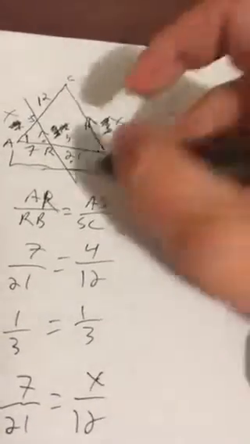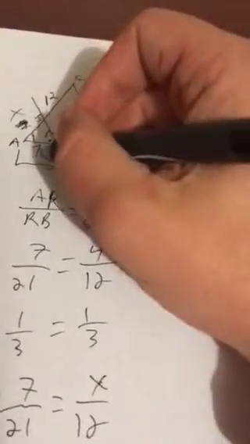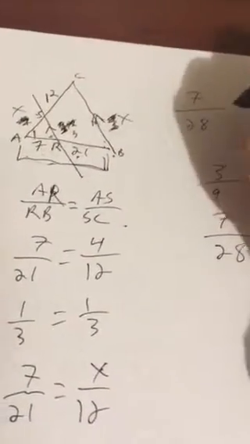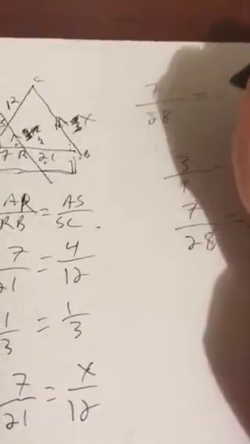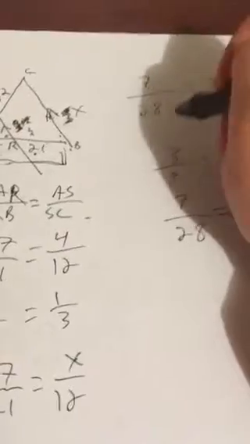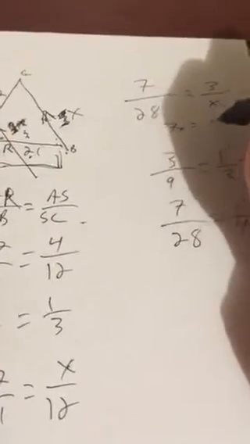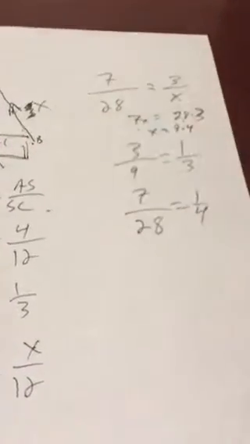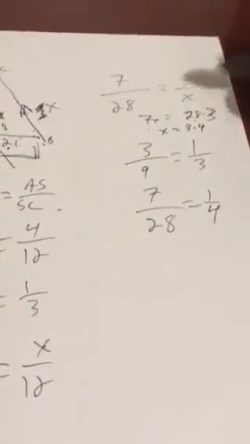So now if I set up my proportion, 7, the length of the little triangle, over 28, the length of the big triangle, equals the length of the little triangle, 3, over my x, I get 7x equals 28 times 3. I know that 28 is really 4 times 7, so I'm going to get x equals 3 times 4, or x equals 12, okay?